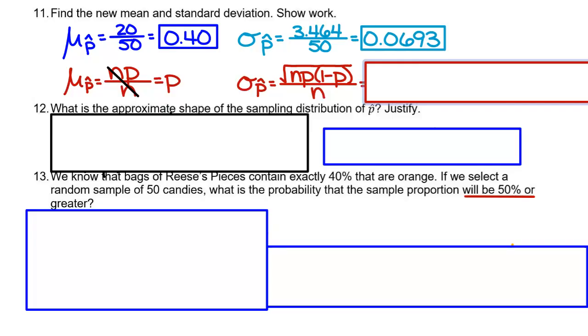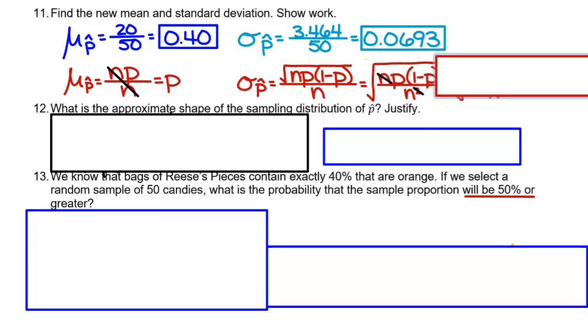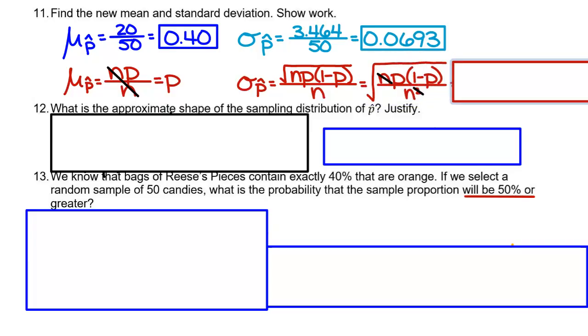So if I wanted to put the bottom also underneath the square root, what would I have to do to it? I'd have to square it so that when I square root it, it comes out to be just n. If I want the radical to come all the way down, then I would have to square that so that when I square root it, it's n.